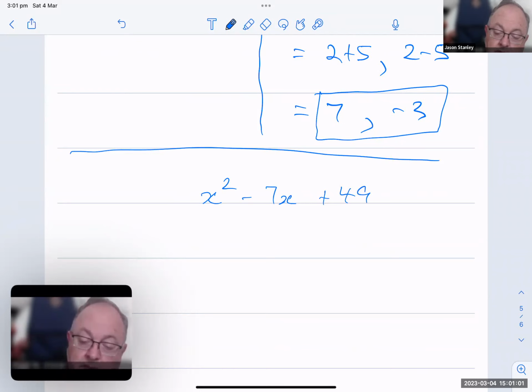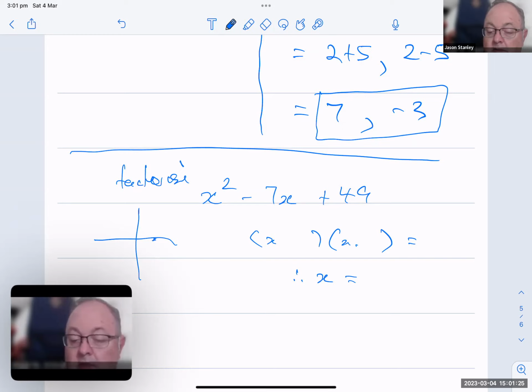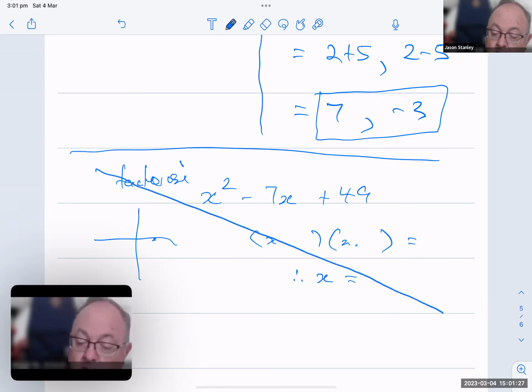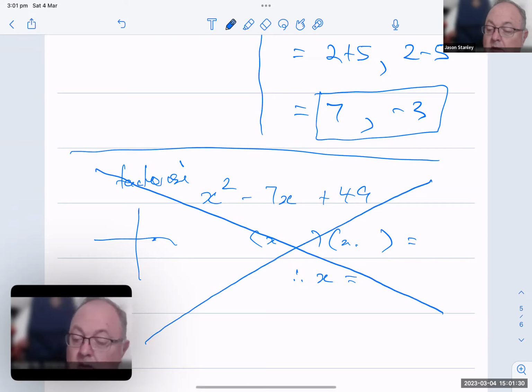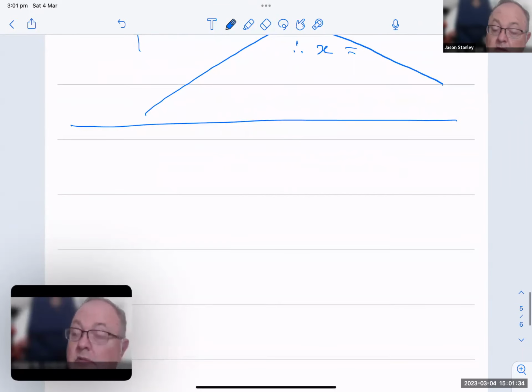Why being asked to factorize and find 2 bits? Why? You're finding 2 bits of a graph if it exists. Okay, so in that sense, I'm just saying I've never taught that because I think it's a waste of your life.